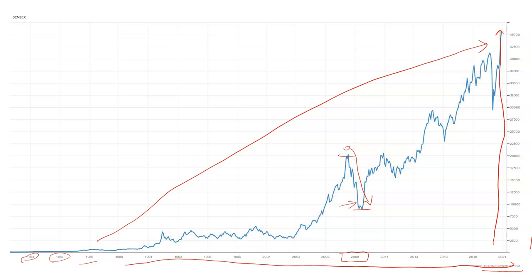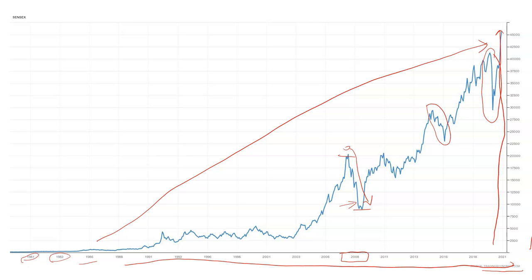These kinds of occurrences really shake people's confidence, and may lead them to stay away from the stock market. I will be discussing all these things in greater detail in further classes.